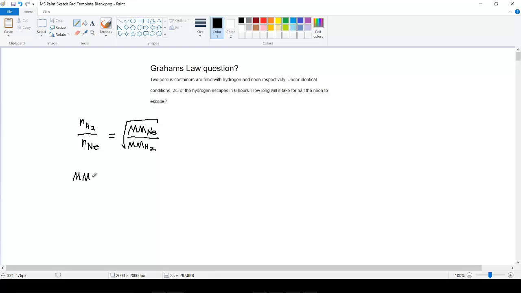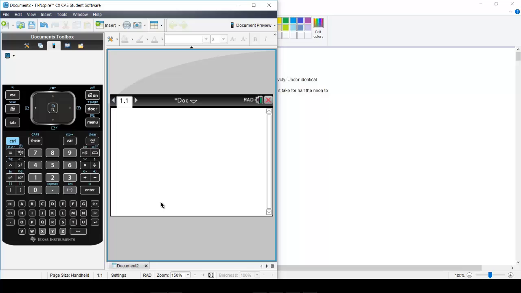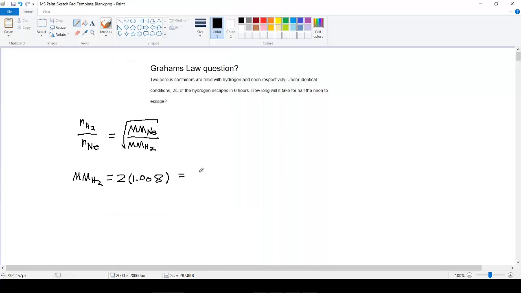So the molar mass of hydrogen, because it's H2 and not just H, we're going to have to take 2 times 1.008 grams per mole. So I'm going to calculate that to begin with. It's 2.016 grams per mole of H2 gas. That is the molar mass of H2.